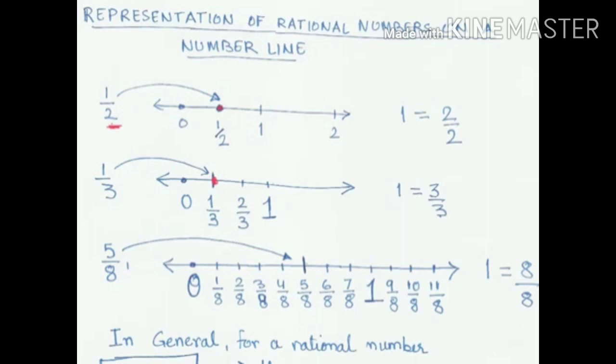What if we are given 5/8? We can follow the same logic. The only thing is it might be a little bit complicated. So in this case, we have to represent 5 parts out of 8 parts. All you do is take the distance from 0 to 1, you can see over here, this is 1.